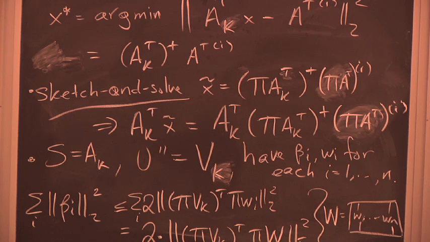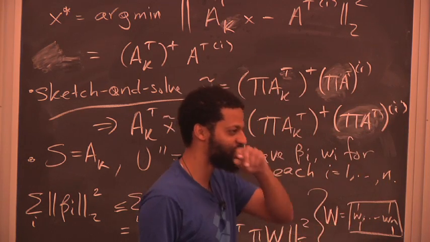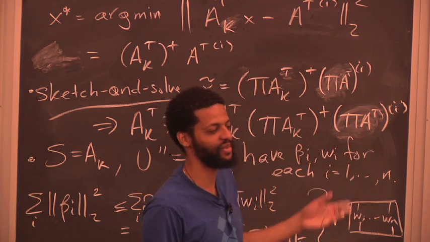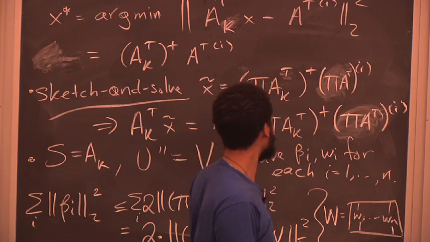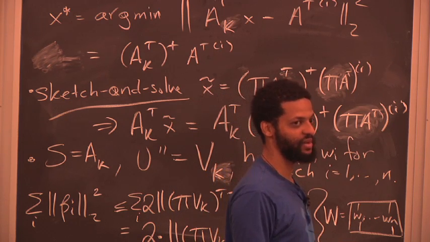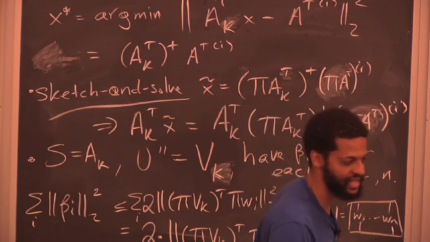Foreshadowing, pi can be a random sign matrix, or a random Gaussian matrix, or something that looks like FastJL. It just turns out that things you've seen before are going to be useful even for this problem, although the proofs are going to be very non-trivial, but we'll see the connection soon.